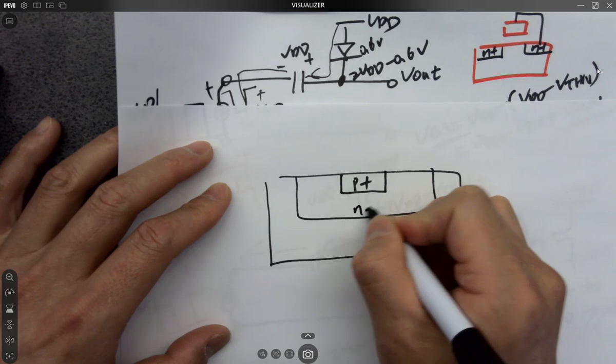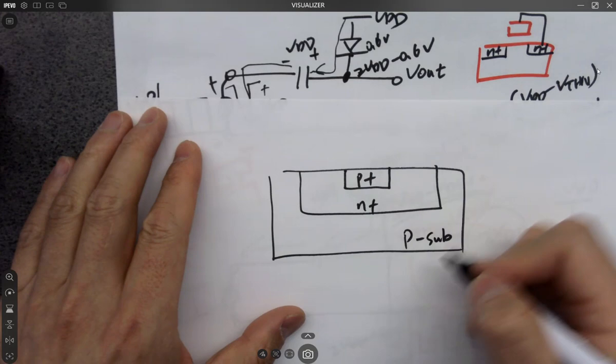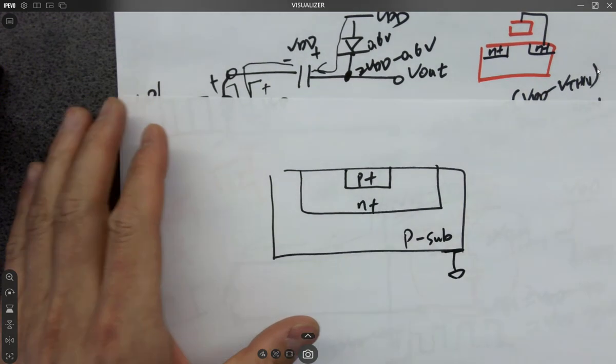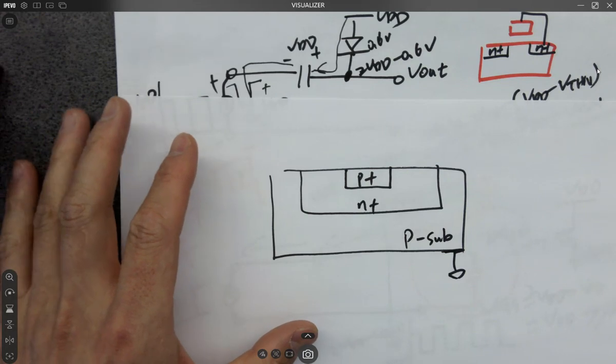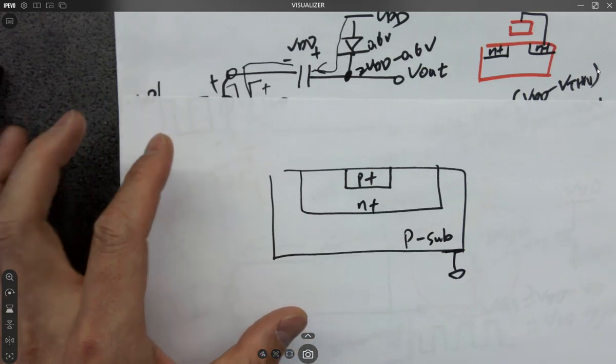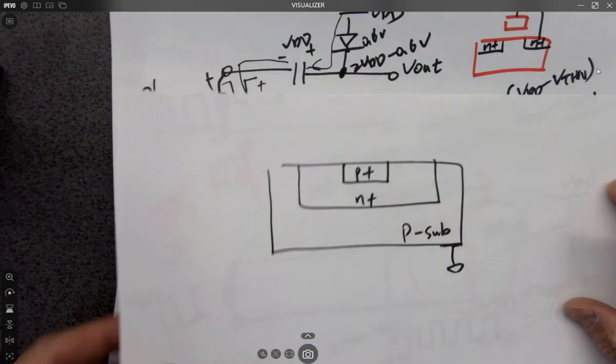I think it has to be N plus, because we short the P sub to ground, to the lowest potential of the circuit, right? Everything's in the same P sub. You can separate the N well, but you cannot separate the P sub. Do you understand what I'm saying here?